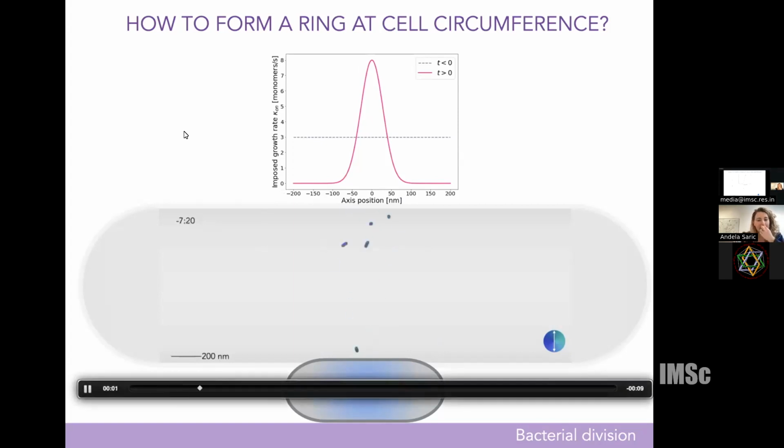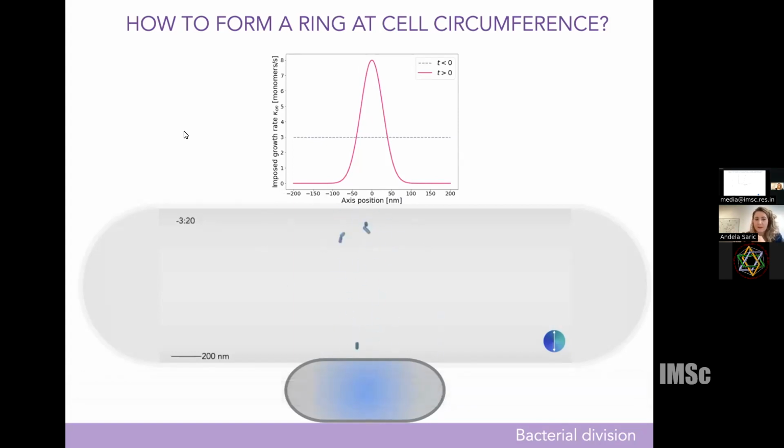So when we add that, the filaments are fuzzy, and then we impose this chemical gradient. The filament, because it's constantly growing and shrinking, quickly reacts to this chemical gradient and forms the ring in the middle. I'll play it again, the ring runs around the cell circumference.